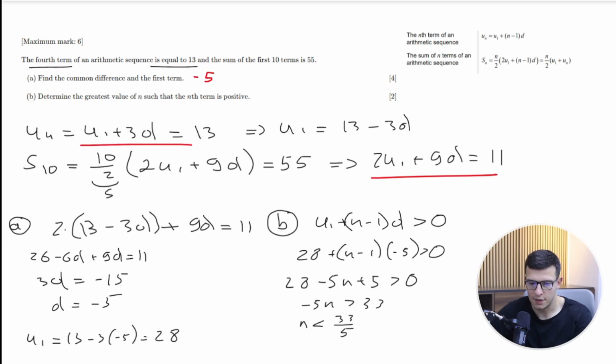So that's our answer. But it says determine the greatest value of n such that the nth term is positive. Since n has to be an integer, the greatest term is going to be the integer part of it. So this is equal to 6 point something. But we don't care about the something, so 6 is what we need, because we need an integer value.